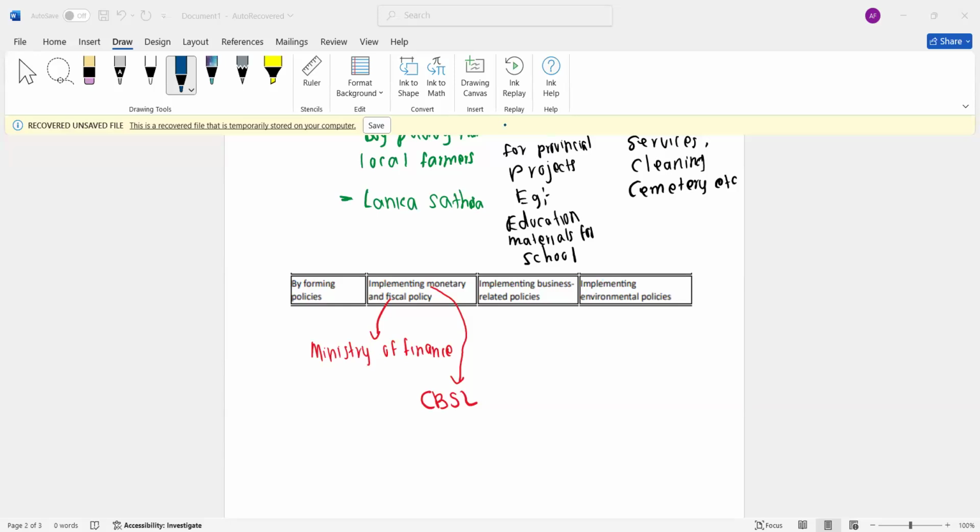All right. Implementing business policies. I am taking Southern Provincial Council. The southern area is also a very good area for tourist attraction, isn't it? Southern, you have Galle, Matara, Hambantota and all.